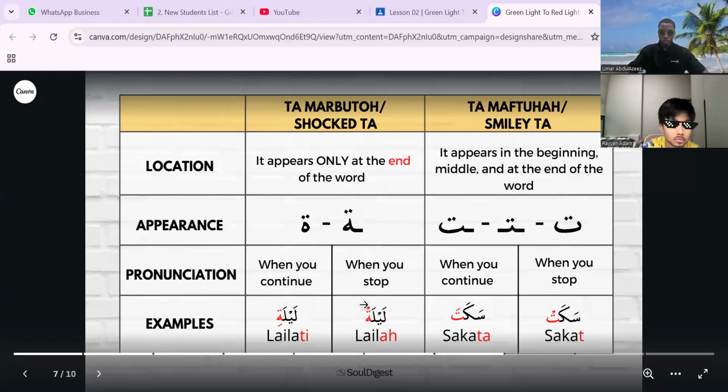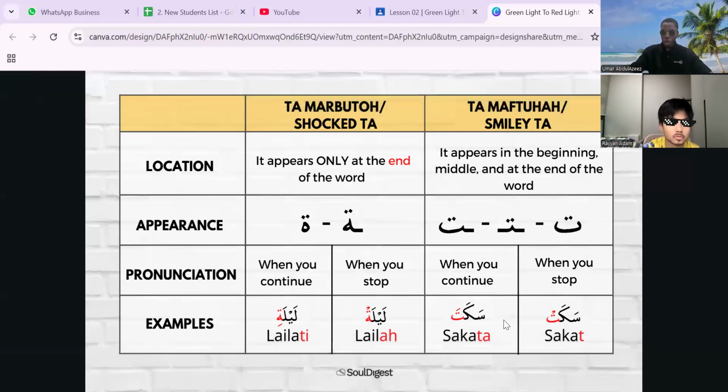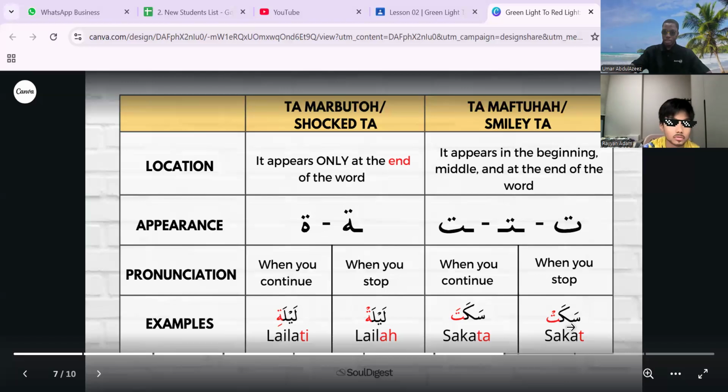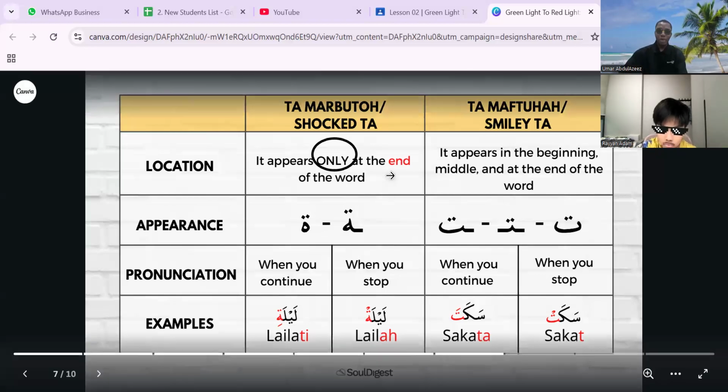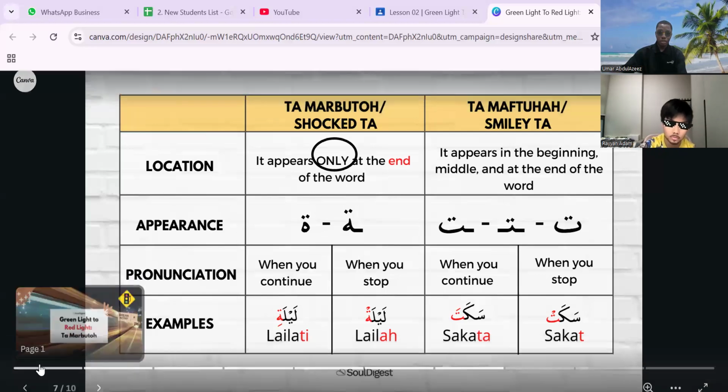Do you understand? So look at ta maftuha. Sakat. Yes, you see the difference now. Ta maftuha, the smiley face that's open. When I stop at the end, I pronounce it as sakat, but while continuing, I say sakata. Ta marbuta appears only at the end of the word.